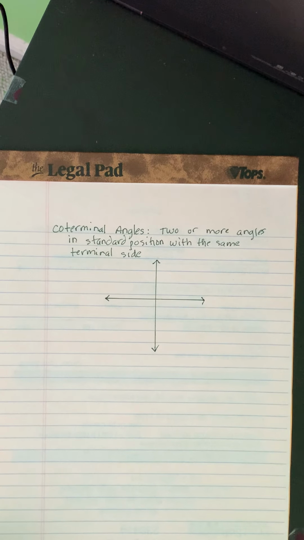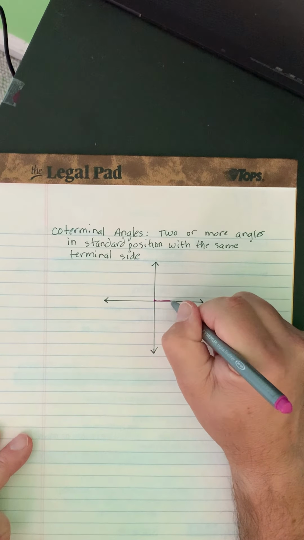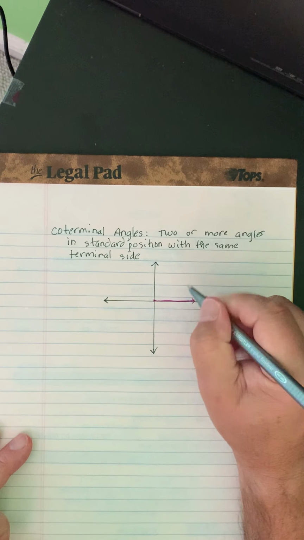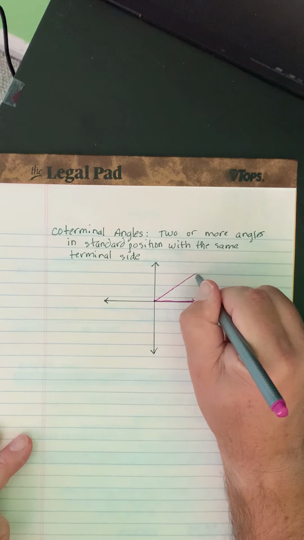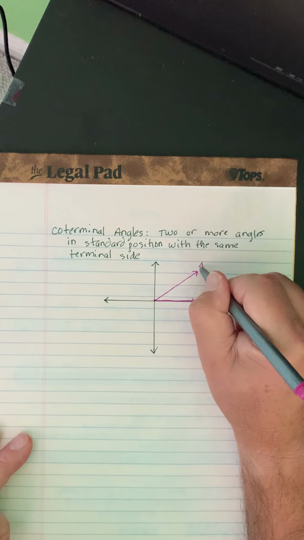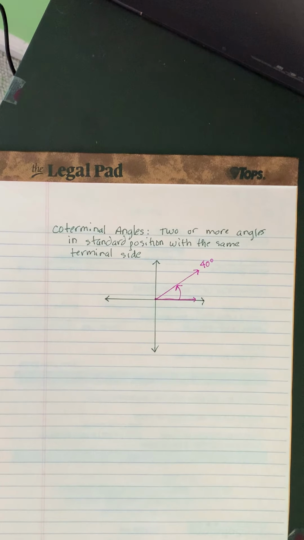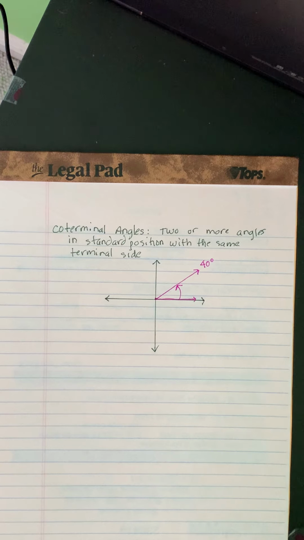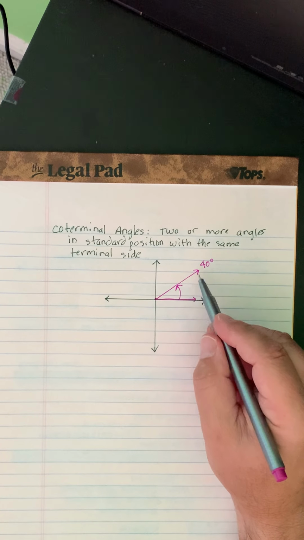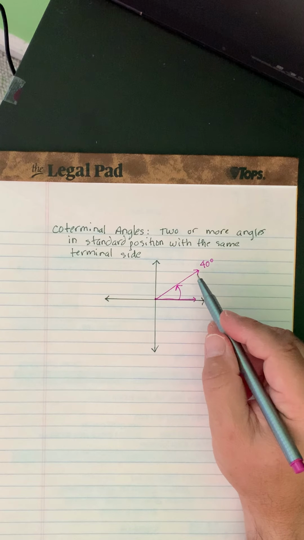So if I'm drawing a 40 degree angle, starting right here, my initial side, it's always gonna be right there. 40 degrees, and it's gonna be not quite halfway, so I'm just gonna go right there. That would be a 40 degree angle, okay? Now remember, every angle is gonna start here. So if I want a coterminal angle, I want an angle that is going to end in that exact same spot. Well, it can't, 40 is 40.